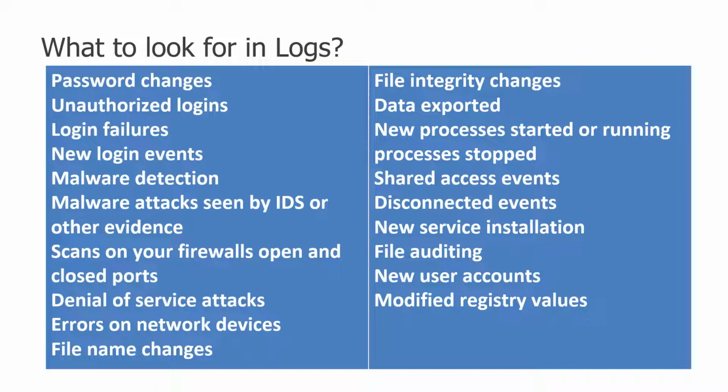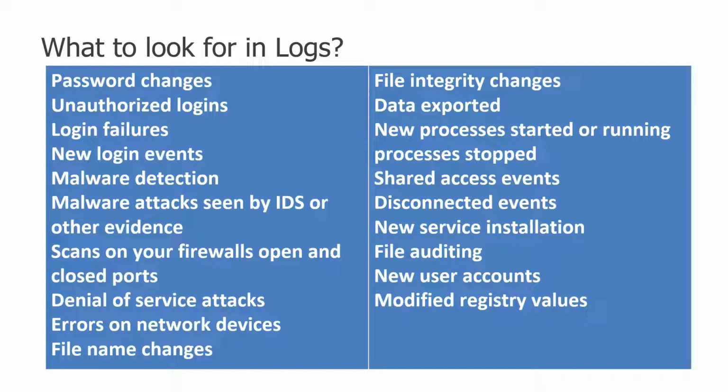What you want to look for depends on your objective, but here are some things from these slides to get started. Look for log lines where a password got changed, an unauthorized login happened, login failures, a new login event from an unknown territory, or malware detection.